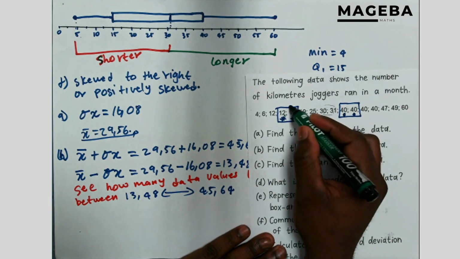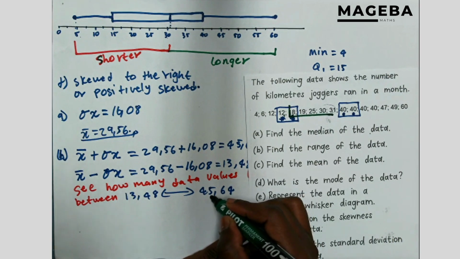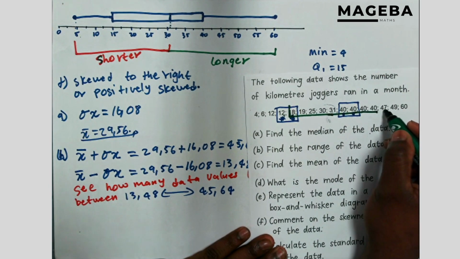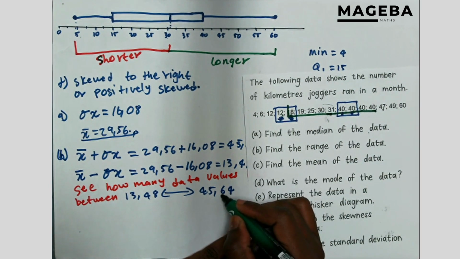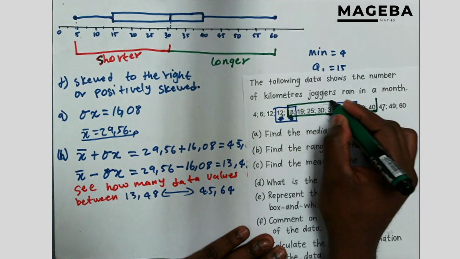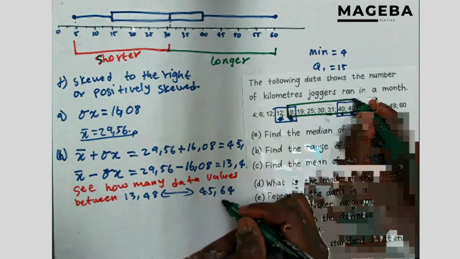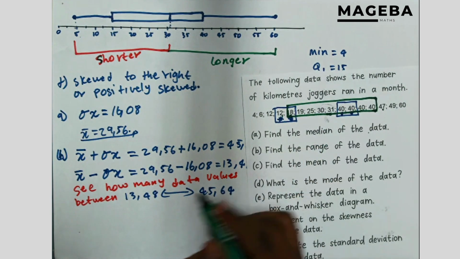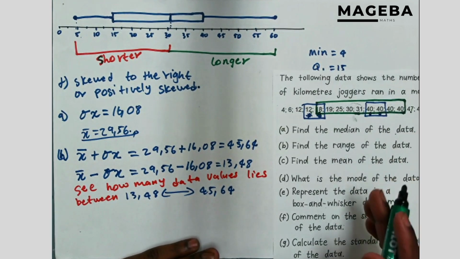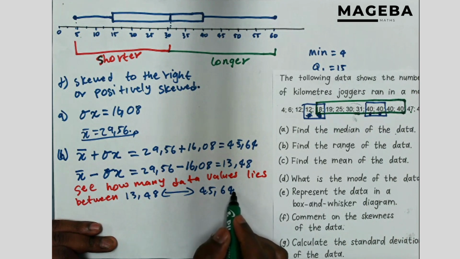Starting from 18, going, my last data here is 45, and then 47 is not included under this 45, so I have to stop here at 40. So the values that lie between 13.48 and 45.64 are these.